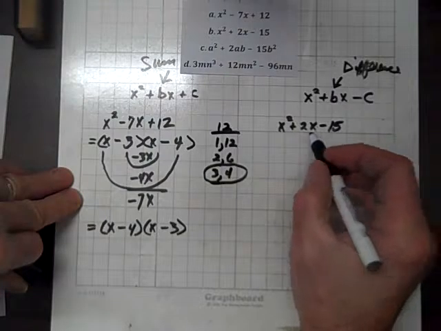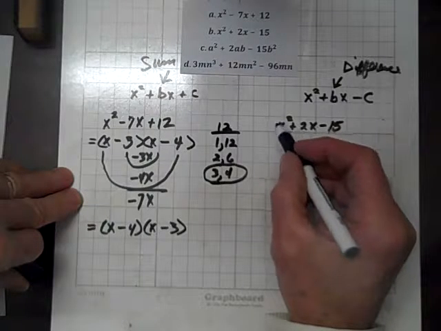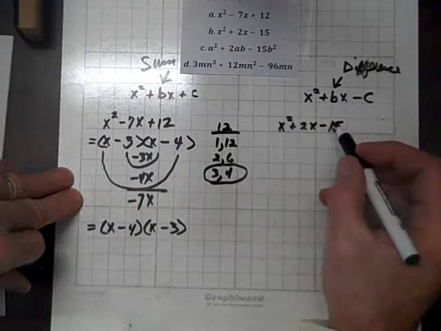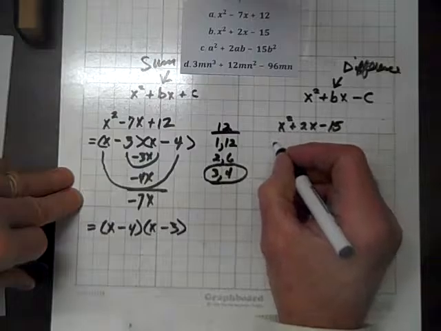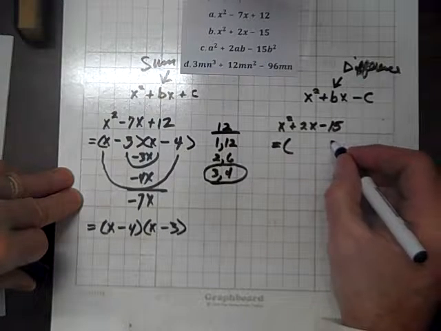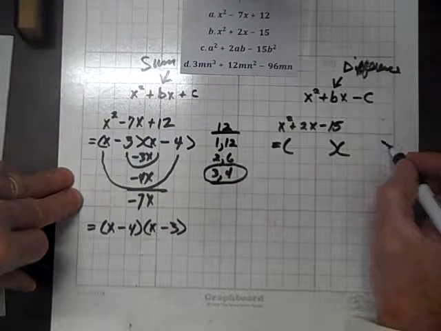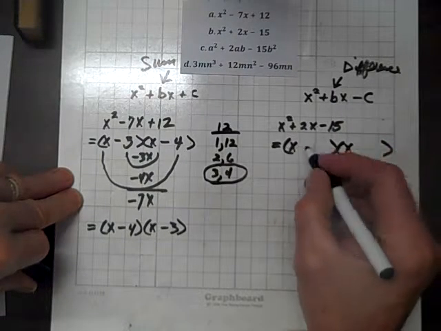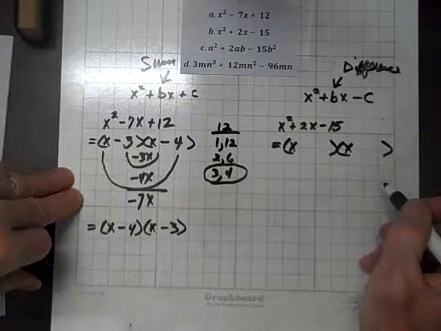Now, let's look at something of the form where the first term is positive, the third term is negative, different signs. So this is going to factor, and it's going to be the product of parentheses. First term's going to be x in each case, but these two signs will disagree.